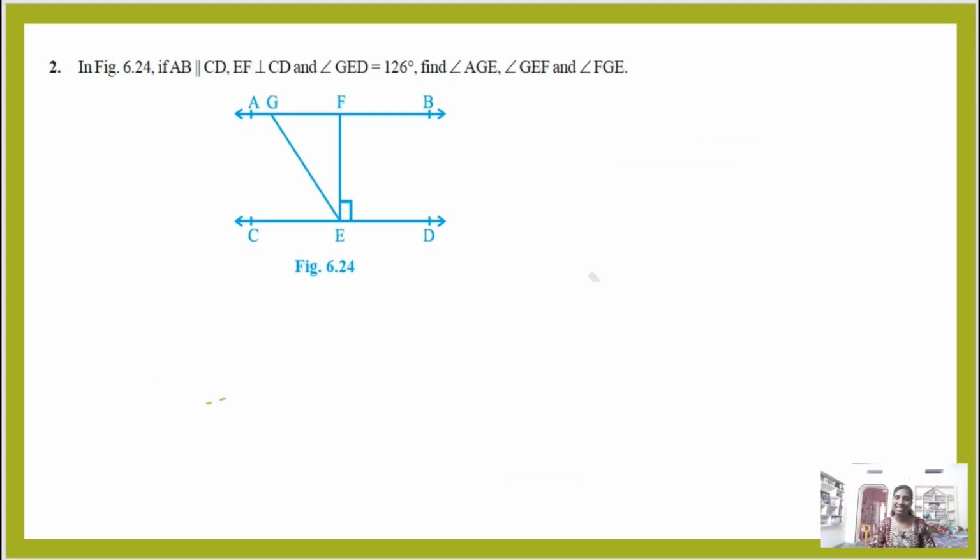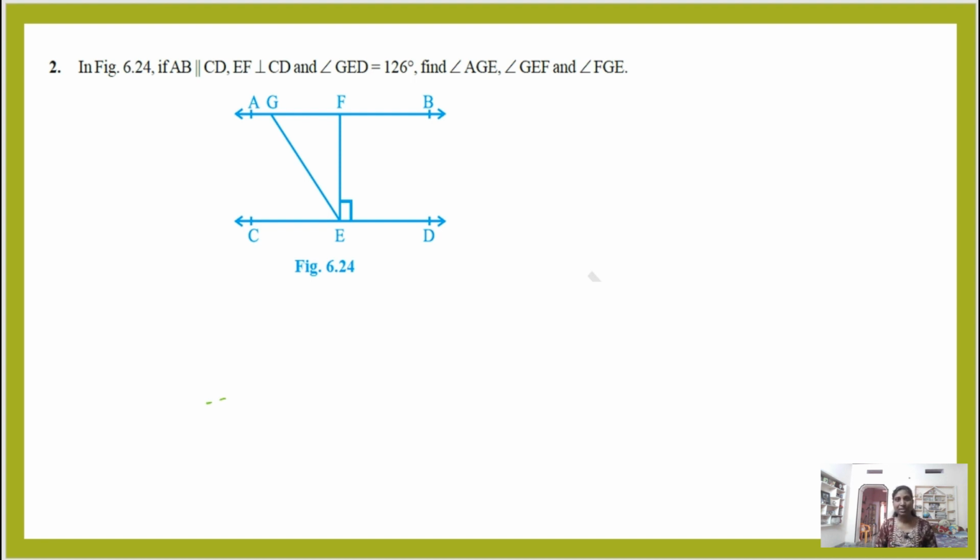Okay friends, let us read the next question. In figure 6.24, if AB is parallel to CD and EF is perpendicular to CD, angle GED is equal to 126 degrees. Find angle AGE, angle GEF and angle FGE.